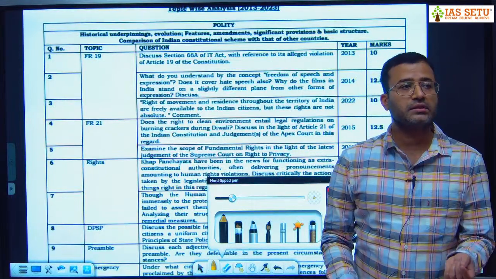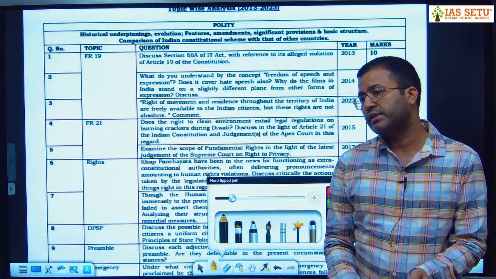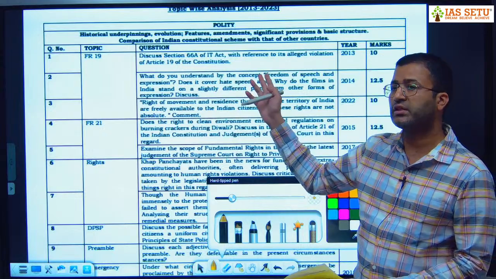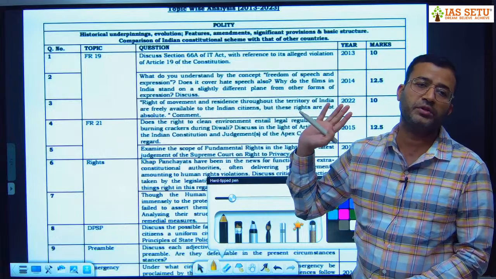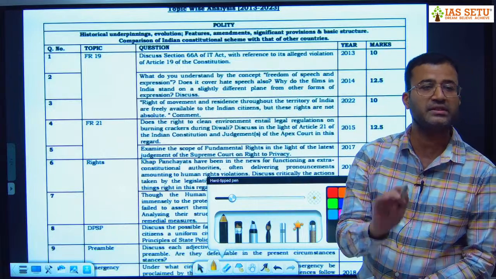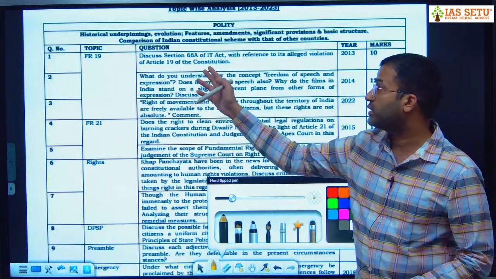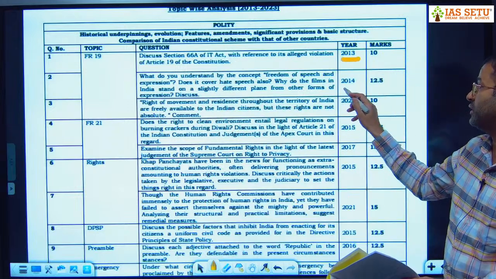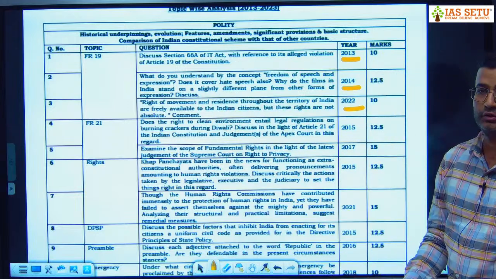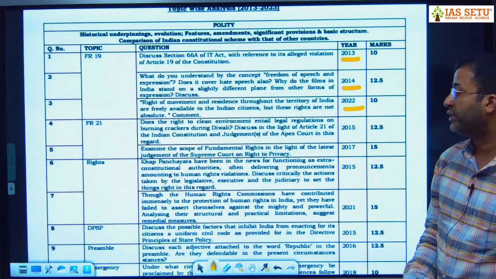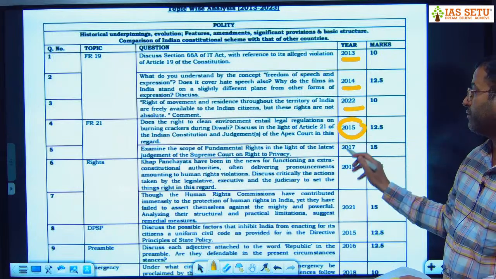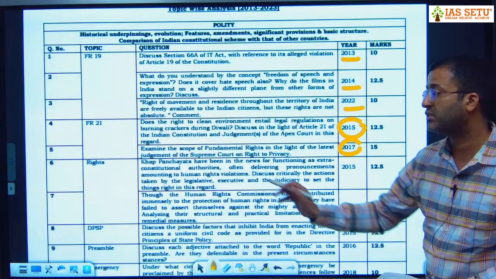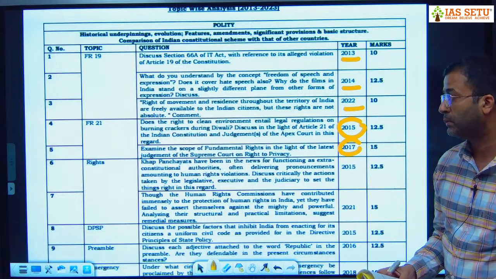My idea is, if you are covering Article 19 in your revision, you just check the questions asked on Article 19 in previous years in mains. इन्हीं पे आंसर राइटिंग कर लो आप. So you can see they have asked questions in 2013, 2014, 2022. Then Article 21. So in 2015 they have asked a question, in 2017 they have asked a question on Article 20.